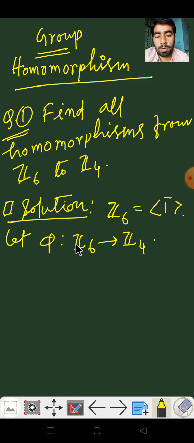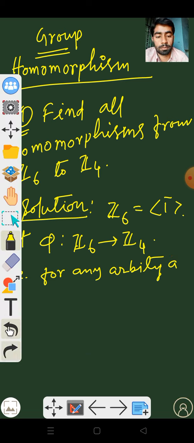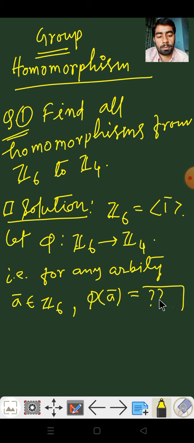Then we have to find all the possible definitions of phi, that is, for any arbitrary class of A belonging to Z6, we have to find all the possible values of phi of class A. We can define phi of A in a certain number of ways, and this gives the total number of homomorphisms that can be defined from Z6 to Z4.